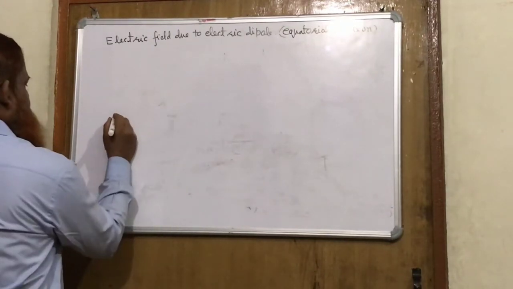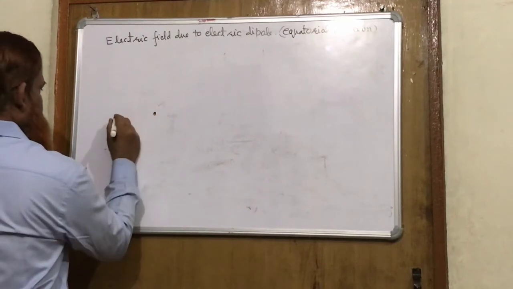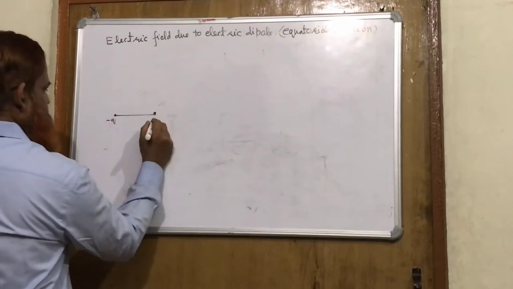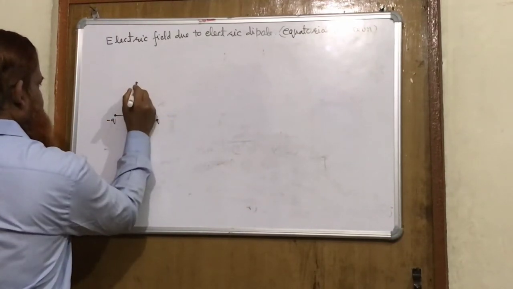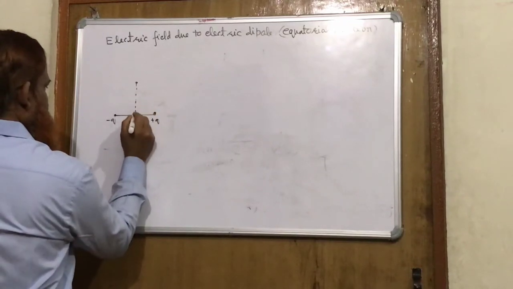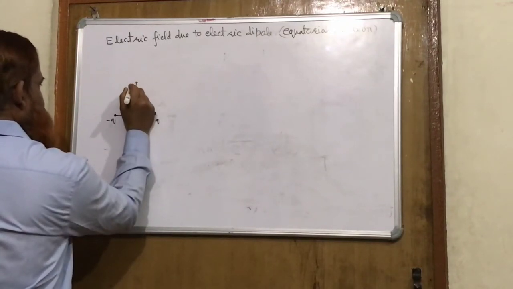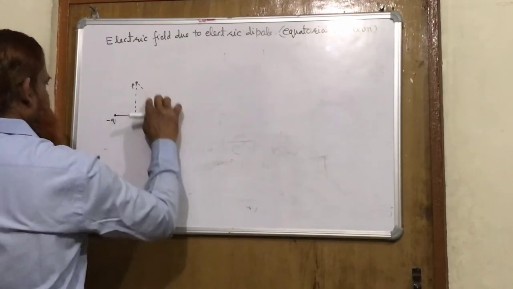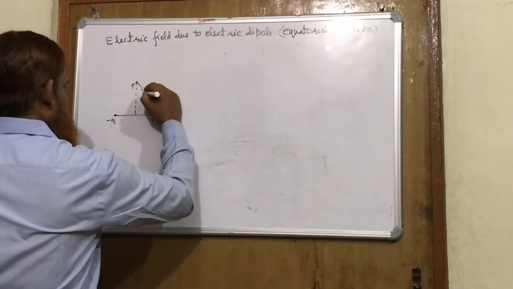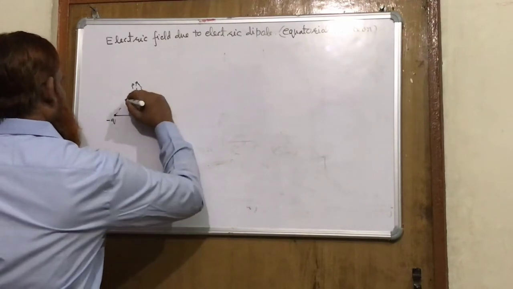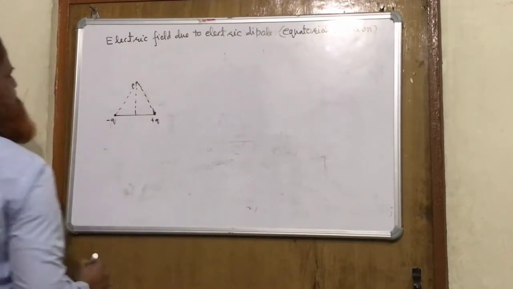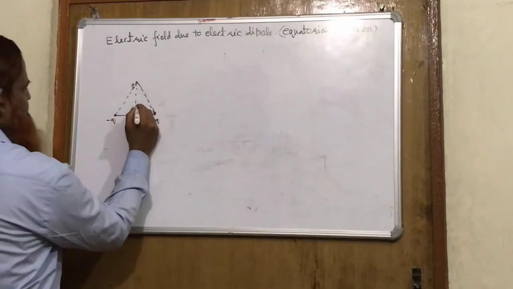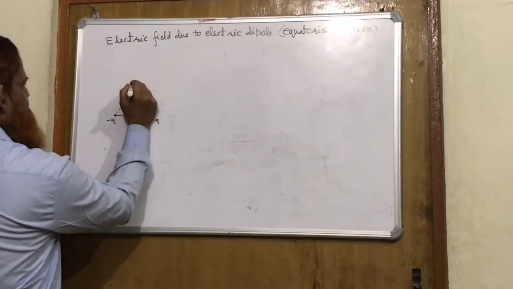So we will take a dipole, minus Q, plus Q, and a point on the perpendicular bisector is P. We will find the electric field due to each charge.